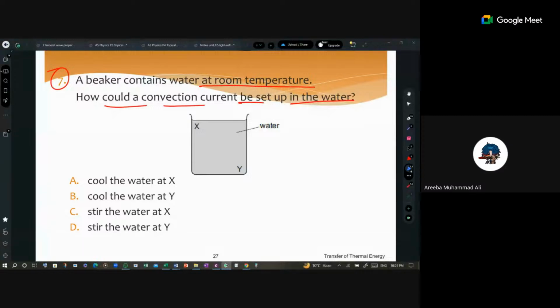I think the answer is D. D, stir the water at Y. Okay, yes, next turn is for Yahya. A, cool the water at X. Okay, Yahya, and then Mirab.